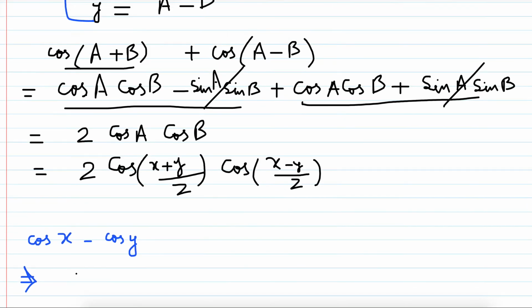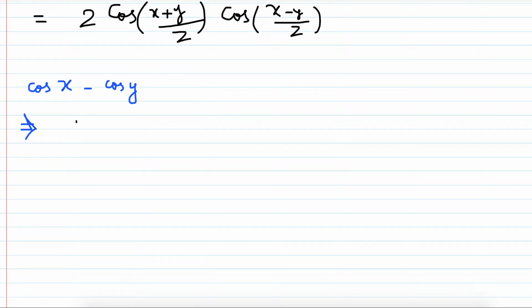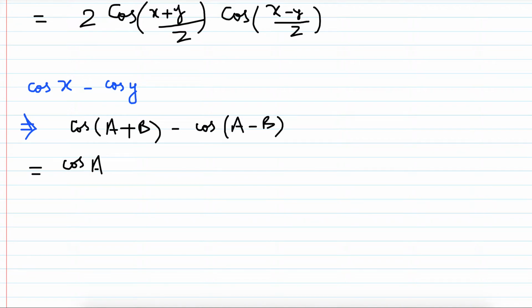So x we can write as a plus b, and y is a minus b. Now we will expand the terms: cos a cos b minus sin a sin b. And now the second term: cos a cos b plus sin a sin b.